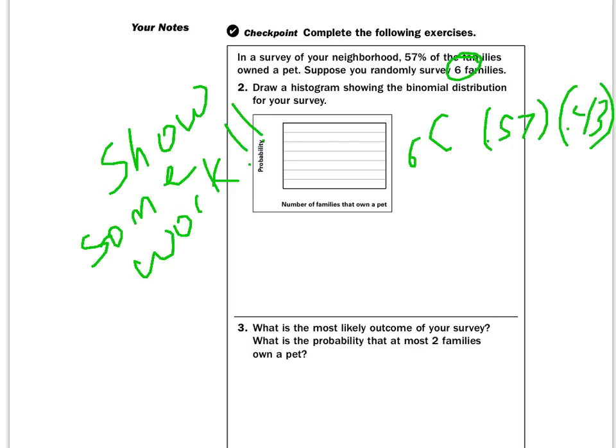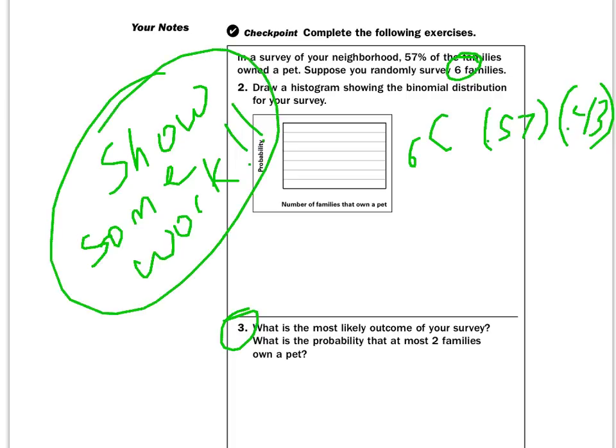You're going to take all of those to those powers. I should see 6 different experiments here. I want to see you guys do it, and I should see a pretty good histogram when you're done there. And then you're going to interpret that on number 3. All right, we will check in on that one tomorrow. Show your work.